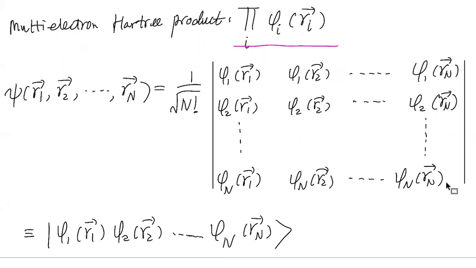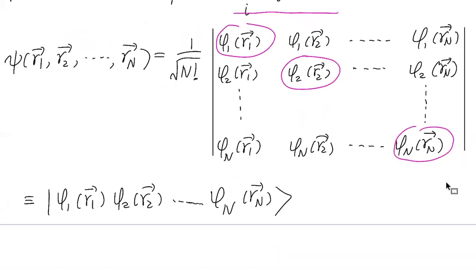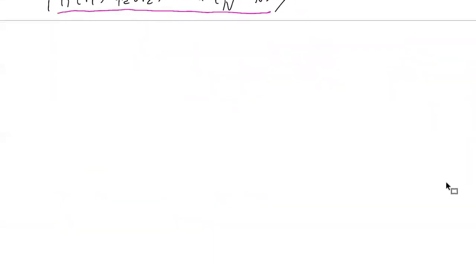If you look at the diagonal element, you have phi 1 R1, phi 2 R2 until phi n Rn. And this is exactly the electronic configuration we have written down here. This is called the Slater determinant.